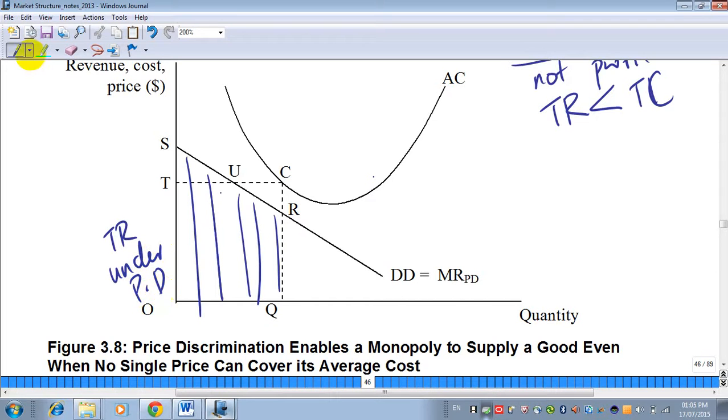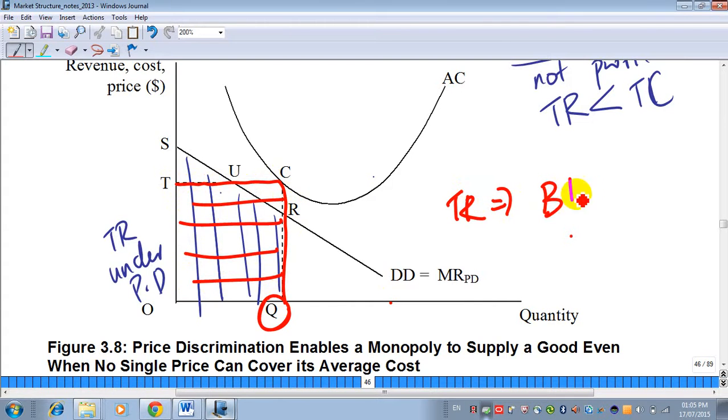Now, on the other hand, the total cost when producing at Q would be this rectangle. So the total revenue is the blue shaded area, and the total cost will be the red area, if there is first degree price discrimination.